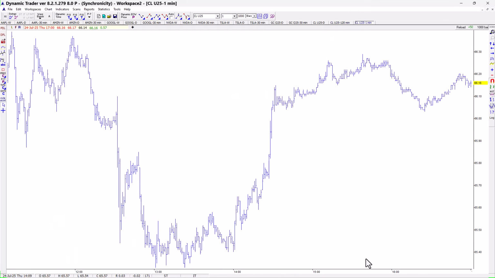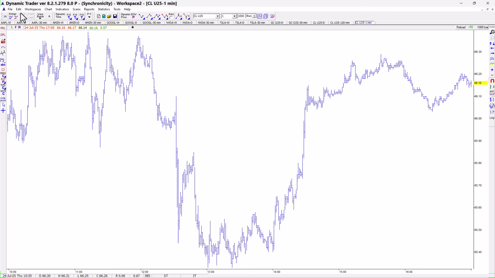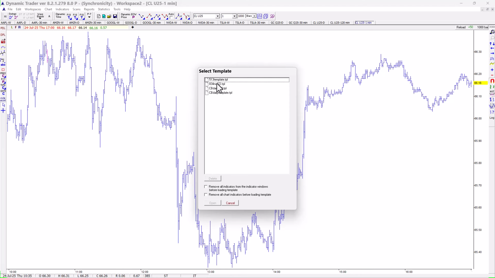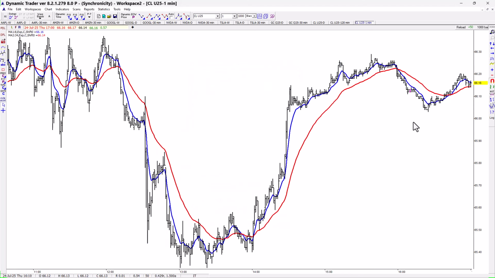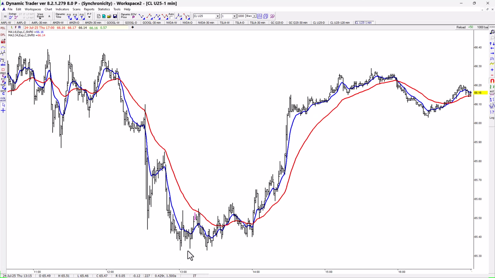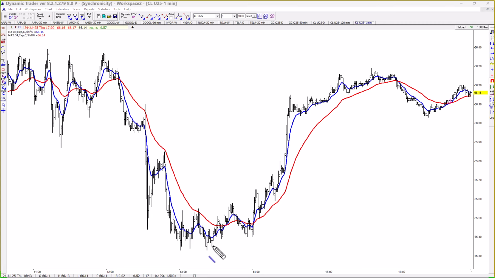All right, and then I'm going to add the 834 EMA combo as far as what you can use as a trigger, and this will show you that here's where the support was hit, and then the trigger for me is always a combination of taking out a prior swing high, or here for example we're going to look to the left and here's a prior swing high that we took out.